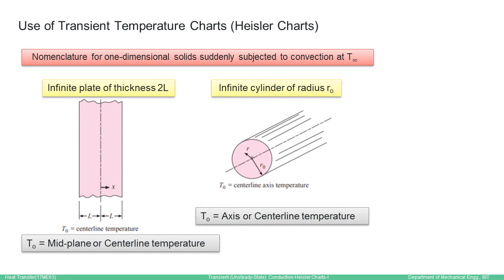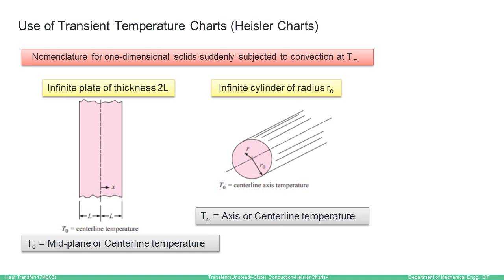For a cylinder which is extending to a large value of length on either end, of radius r naught, T naught is termed as center line temperature or axis temperature. In the first case, it is termed as mid plane temperature or center line temperature.